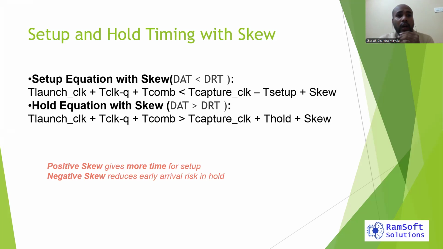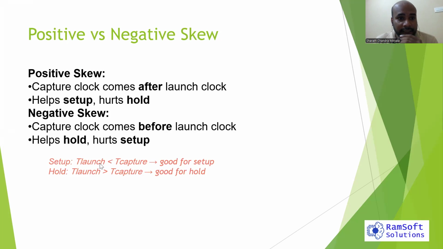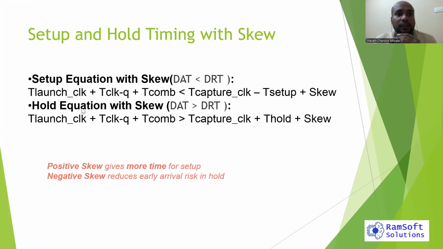How will the setup equation become? In the setup equation, Tlaunch is less than Tcapture. So the launch clock period plus the flop clock-to-Q plus the combinational delay is less than the capture clock period minus setup time plus skew. See, it is getting added to the right side.